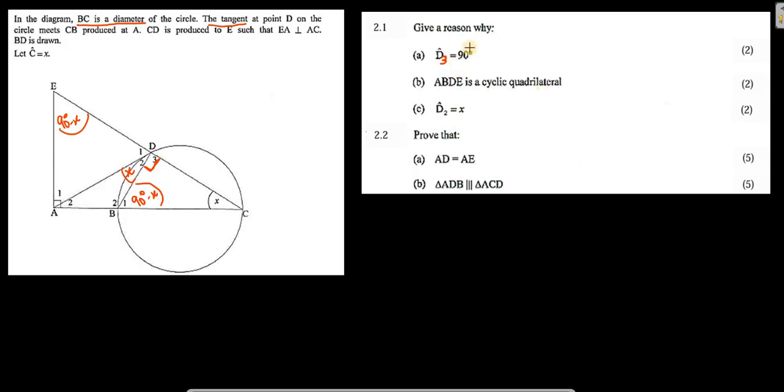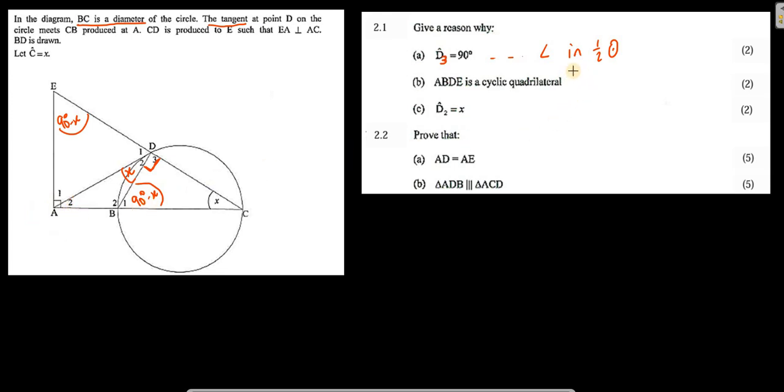So give a reason why angle D3 is 90 degrees. I believe we can see that it is because this is an angle in a semicircle. Okay. And then why is ABDE a cyclic quad? Because D3 is equal to that one, you see.